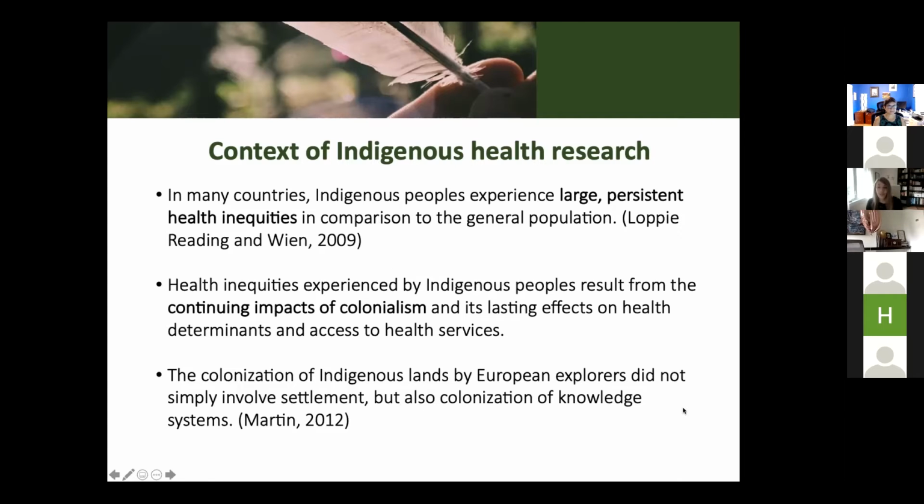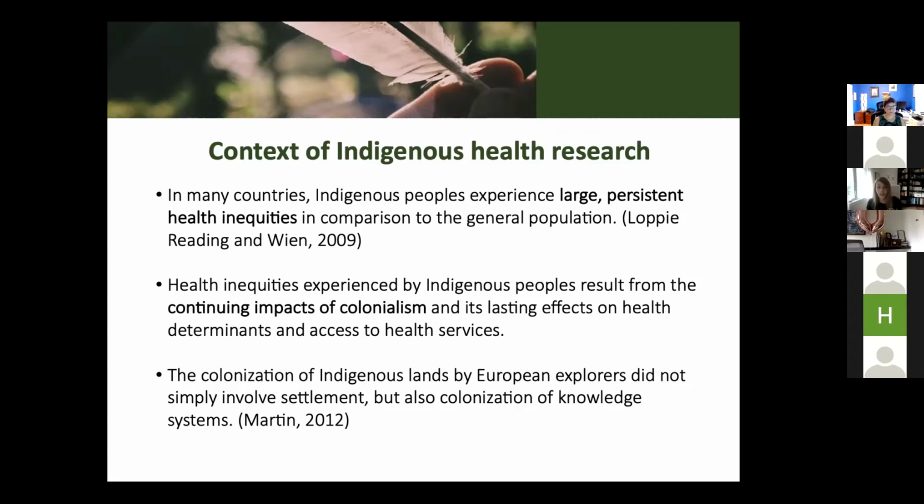However, Indigenous people across Canada share a similar history of oppression and marginalization, and they experience important social and health inequalities or inequities. And a large number of authors and studies have pointed to colonialism as the meta-determinant, the meta-health determinant for these health inequities.